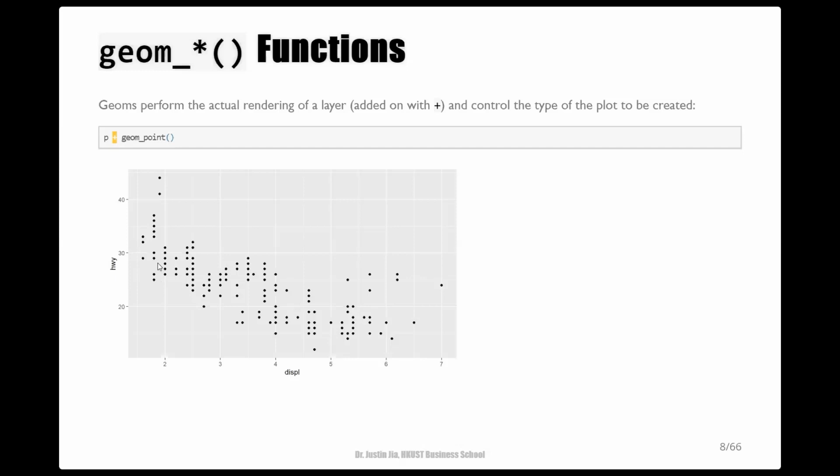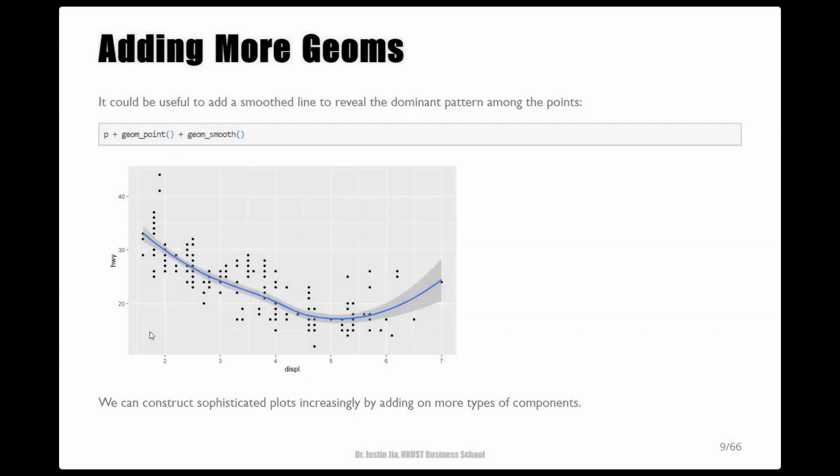A scatter plot alone could make it hard for us to see some dominant pattern. In this case, it could be useful to add a smoothed line to the plot. So we use the geom_smooth function to add a layer that contains a smoothed line estimated from the data.